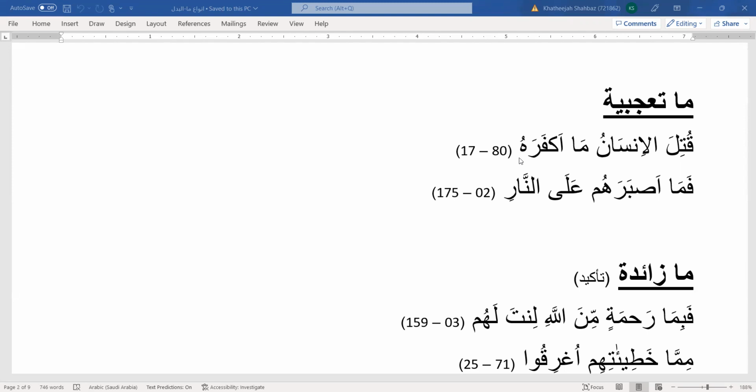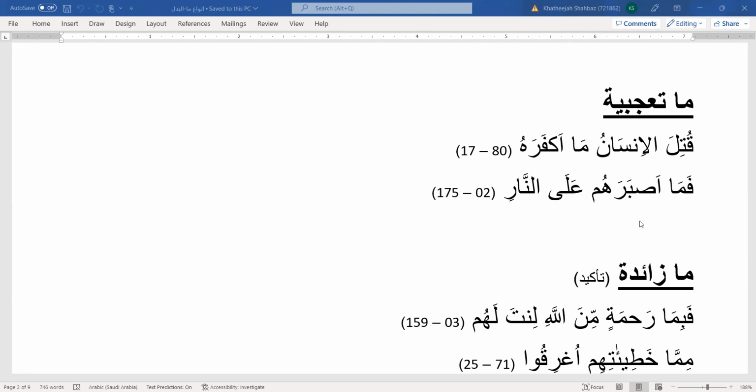Ma akfara pattern. Because kafara also means he was unthankful. And this is like a calling in a bad sense. May the human be killed. How unthankful he is. So ma af'ala pattern.